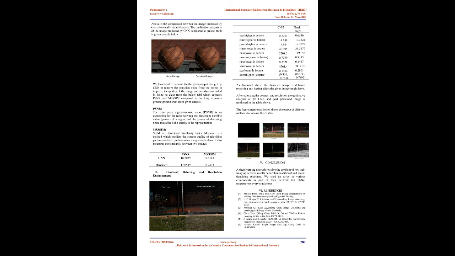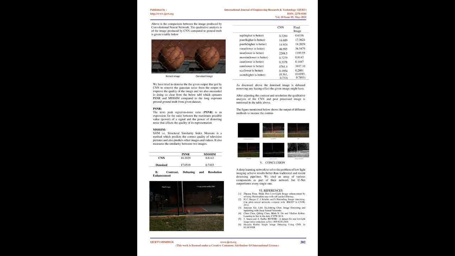V. Conclusion. References. 1. Zhuang Feng, Shijihu, low-light image enhancement by refining illumination map with self-guided filtering. 2. H. C. Burger, C. J. Schuler, and S. Harmeling. Image denoising: can plain neural networks compete with BM3D? In CVPR, 2012. 3. Junyuan Xie, Linli Xu, and Enhong Chen. Image denoising and inpainting with deep neural networks. 4.